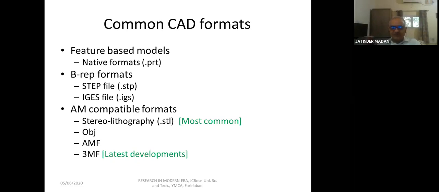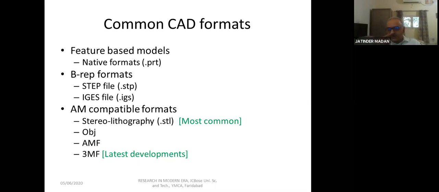You have some extension of that CAD model available when you save that part model. Generally it is .prt, and for SolidWorks it is .sld something, SLDPRT. That is a local or native format, which is not directly suitable for your 3D printing.